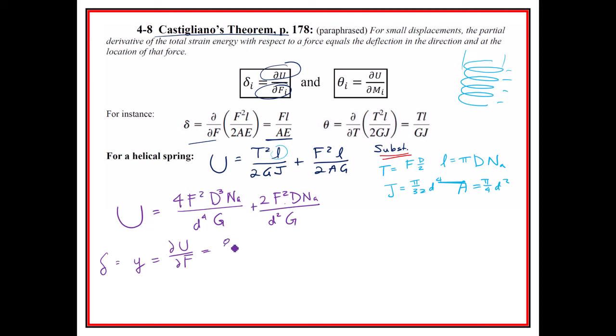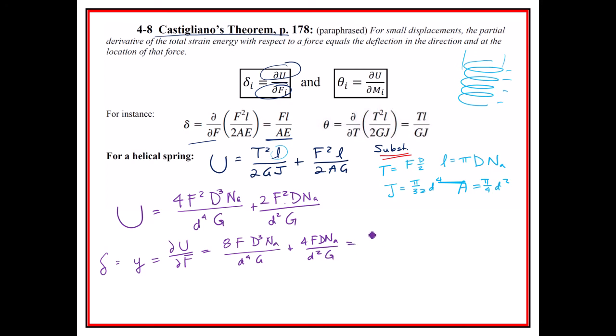And now we're left with 8F D cubed N A over d fourth G, plus 4F D N A over d squared G.